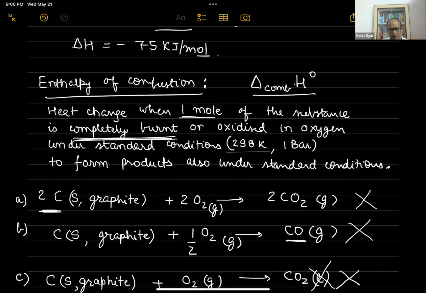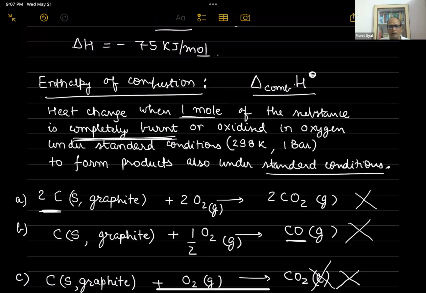And the products formed. If I am talking about the standard enthalpy of combustion, standard means you will see this H naught at the top. Products formed will be in their standard conditions.